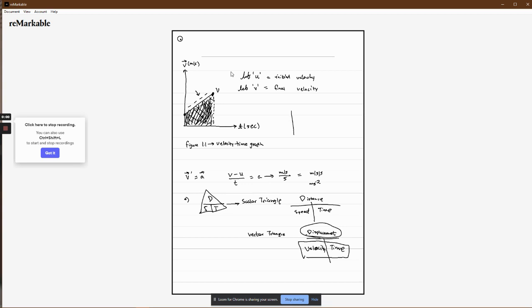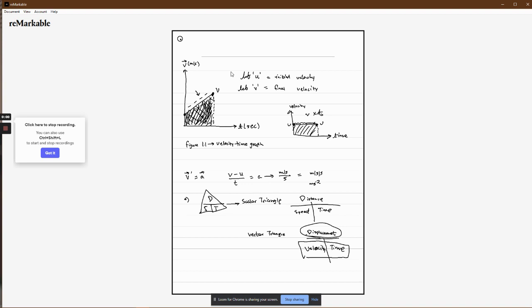Why? Suppose I draw another one here. Suppose the velocity doesn't change, it remains constant. It doesn't rise, doesn't fall. This is u, this is v. Now what's the formula for a normal area, for a rectangle in this case? It's length times width. So it'll be v, because v is the height here, times time.